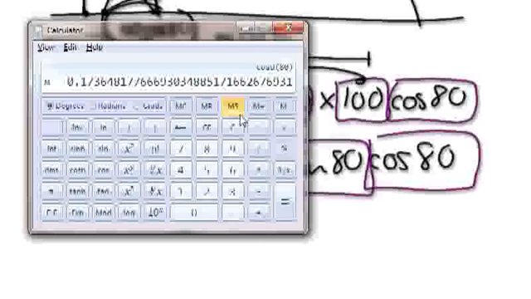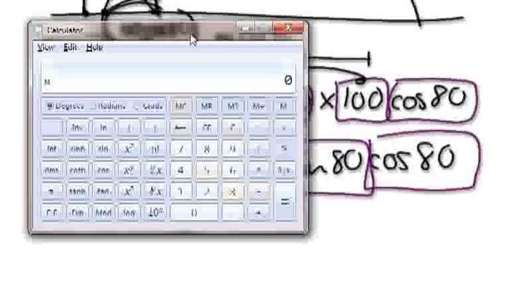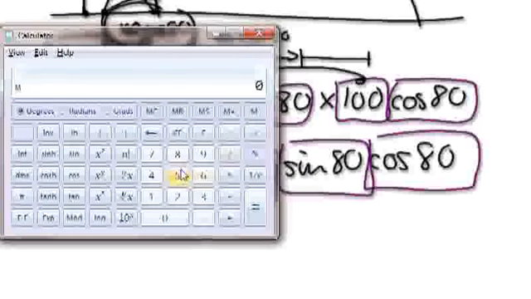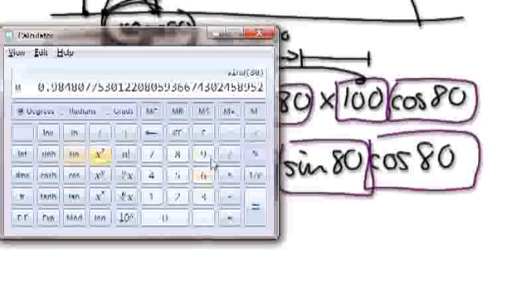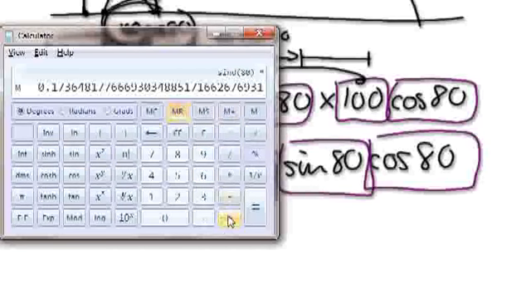Put it in memory, memory store. Now sine 80, sine is here, and then times memory reveal equals this.